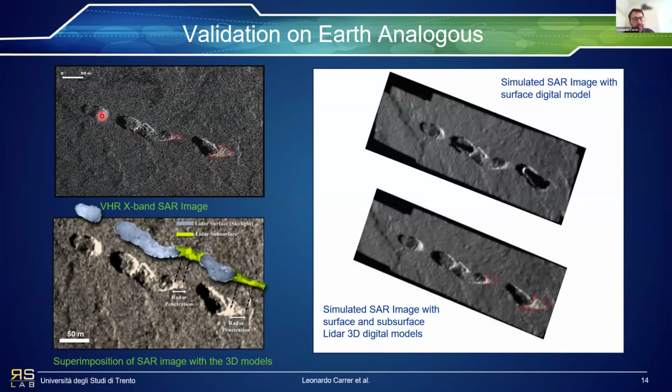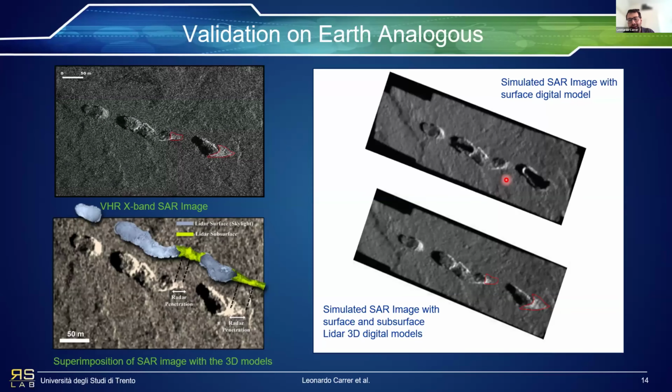On top, you can see the radar image. And on the bottom plot, you can see the superimposition of the radar image with the LiDAR data. And you can see that these bright anomalies in the radar image actually correspond to the LiDAR parts of the subsurface.